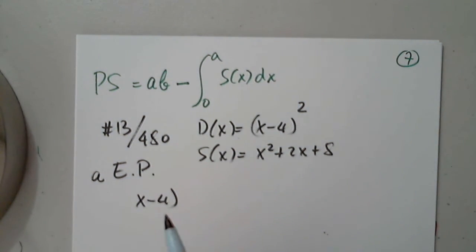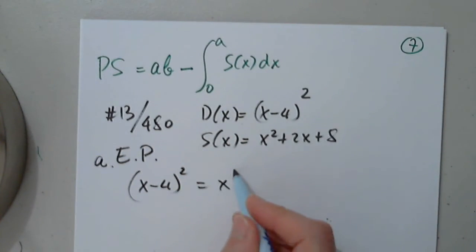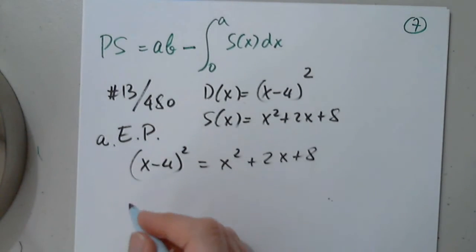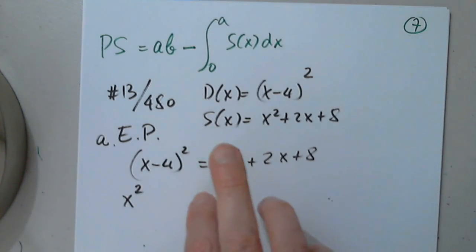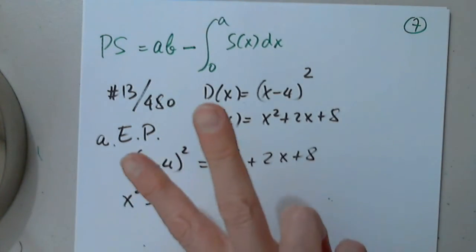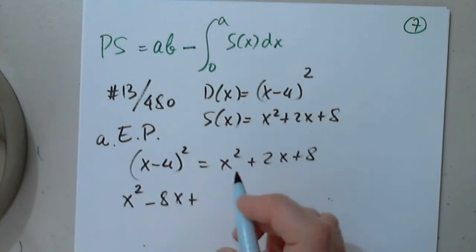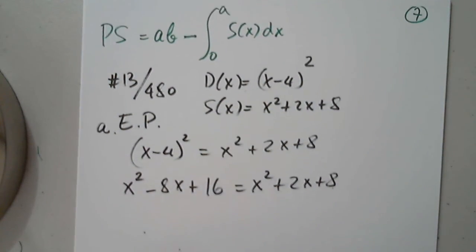The equilibrium point has to have x and y. So (x minus 4) squared equals x squared plus 2x plus 8. I have to expand this. A binomial squared has three terms: the first term squared, minus 2 times the first times the second, plus the second term squared. Nice.